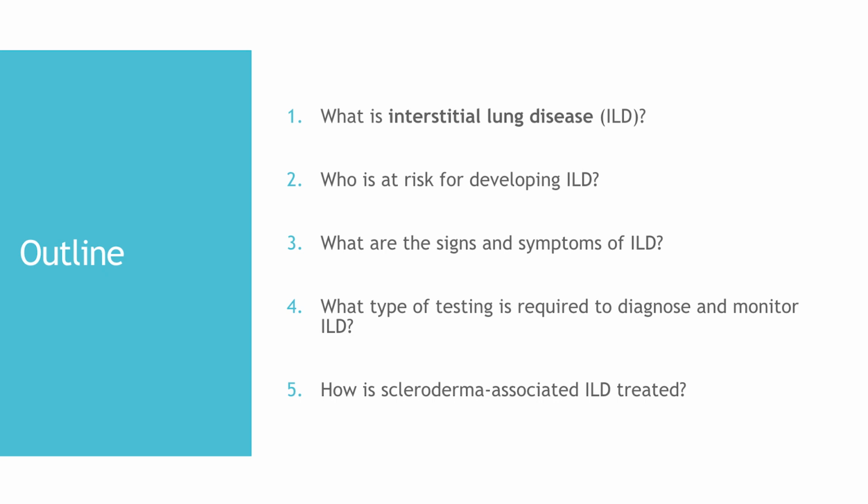We'll talk a lot about the type of testing that's required to diagnose ILD, and then specifically, if you do end up with a diagnosis of ILD, what we do over time to monitor that disease and to monitor potential progression of that disease. And then finally, we'll end the talk today with treatments, specifically for scleroderma-associated interstitial lung disease.